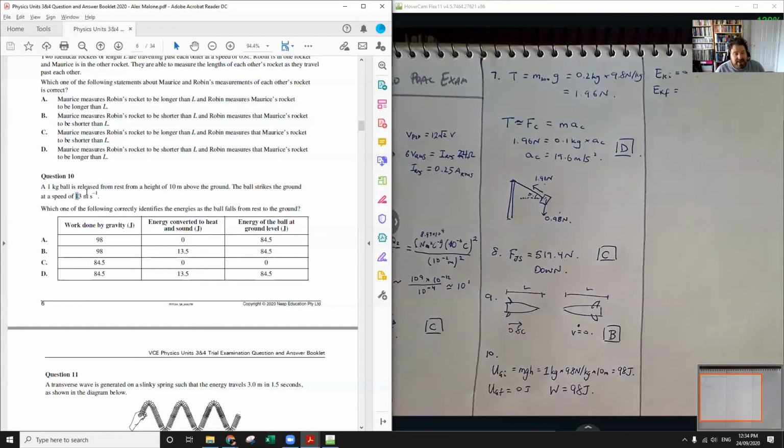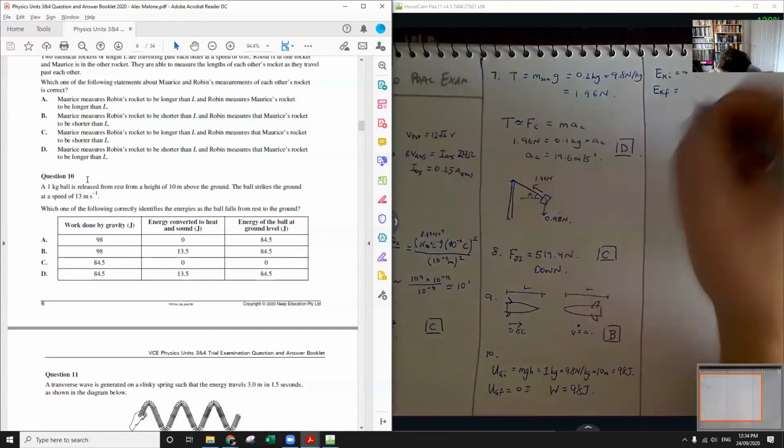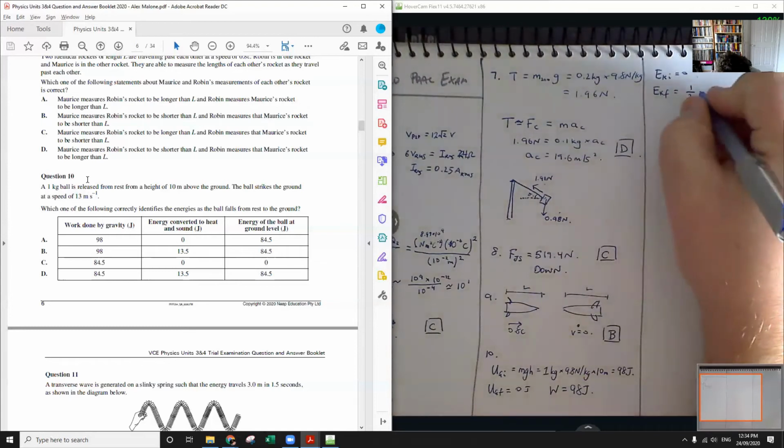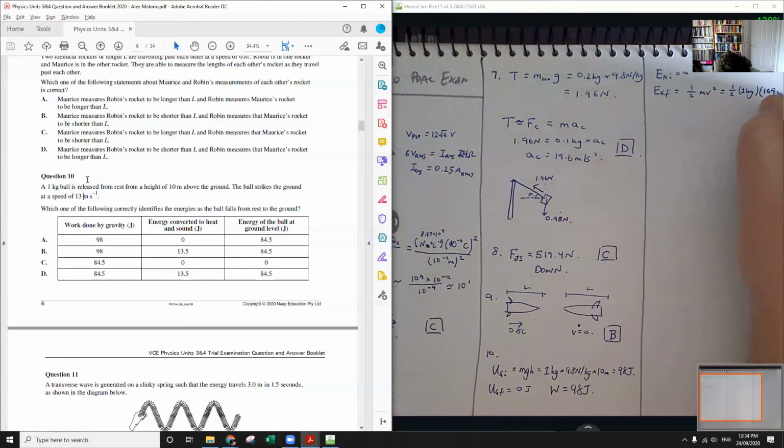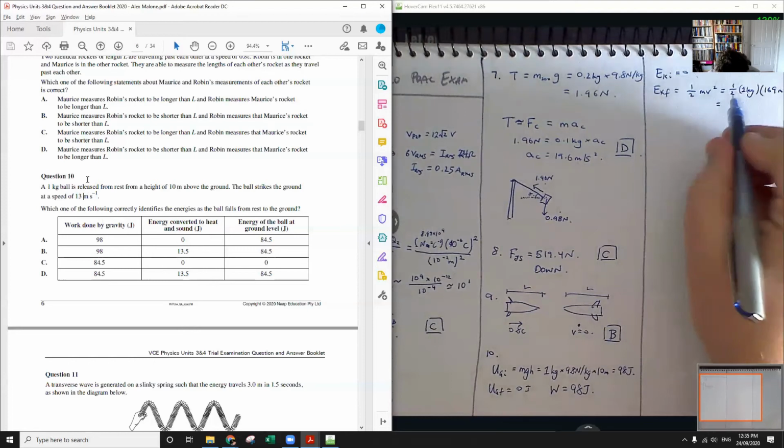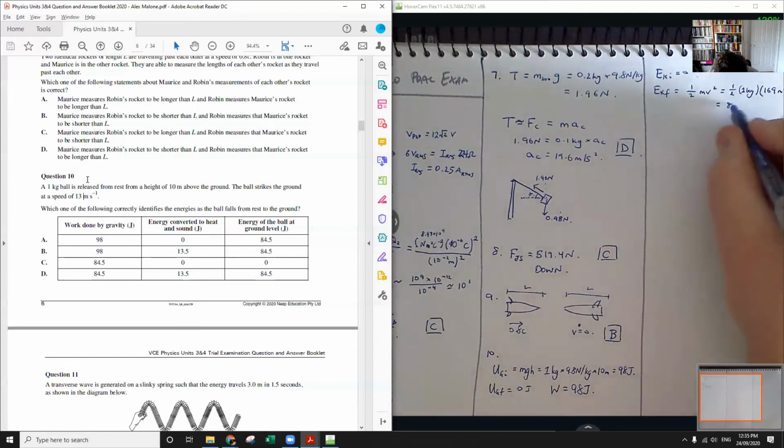The ball strikes the ground at 13 meters per second. So we can use a half mv squared. That's a half times 1 kilogram times 169 meters squared per second squared. So half of that is going to be 84.5 joules.